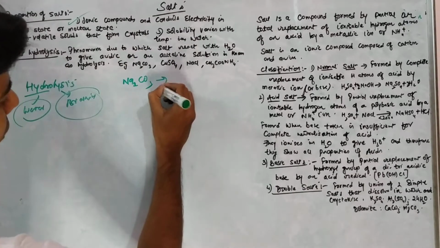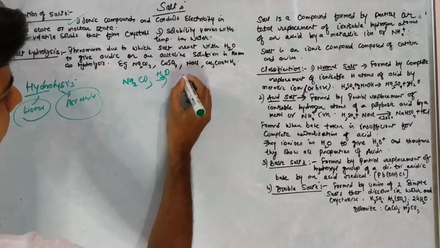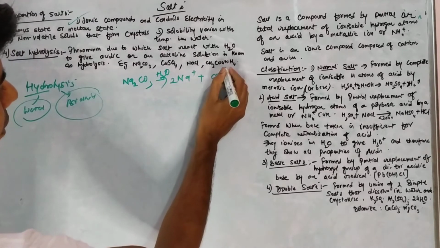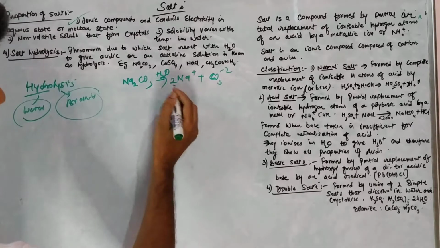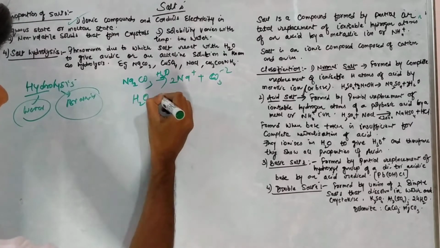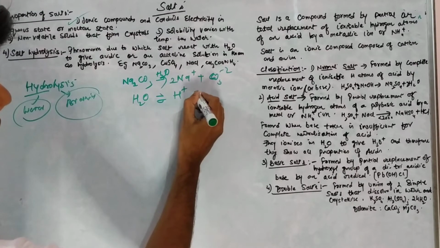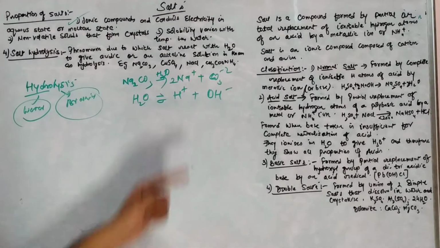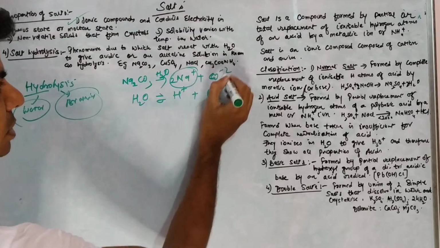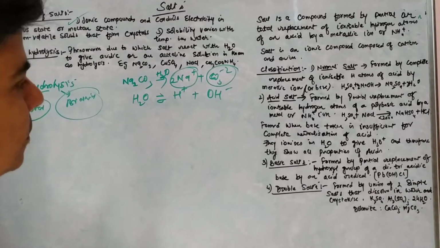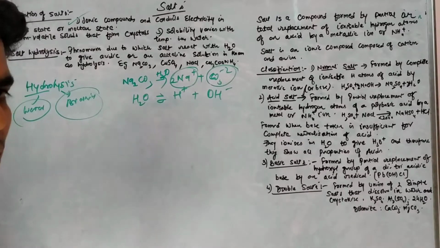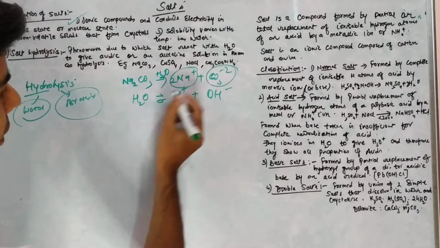So when this is dissolved in water, it will form sodium ions plus carbonate ions. We know that water also has ions, hydrogen ions and hydroxyl ions. Now this salt, since it has dissociated into ions, the sodium and carbonate ions will react with hydrogen and hydroxyl ions.